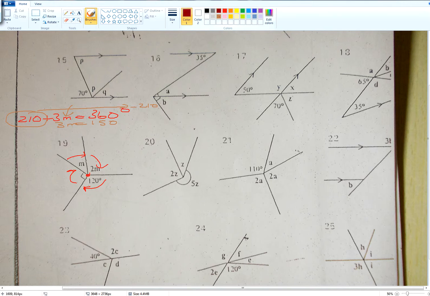You move the 3. What's the 3 doing? It's times m, so divide by 3. So m is equal to 50 degrees. If m is equal to 50 degrees, then 2m is equal to 100 degrees.